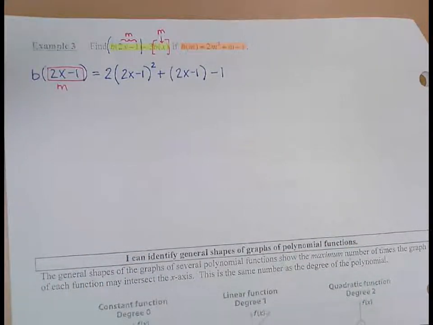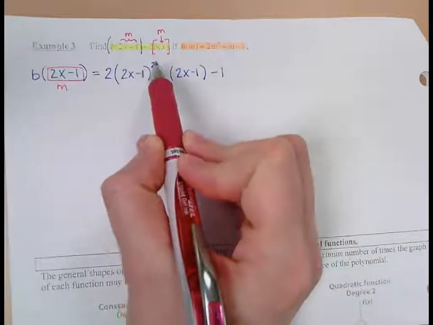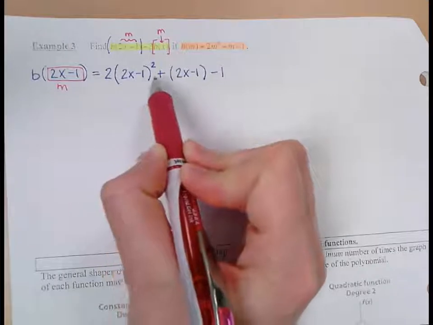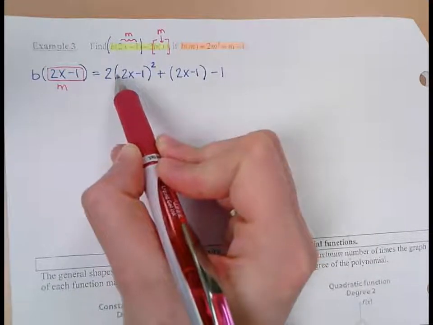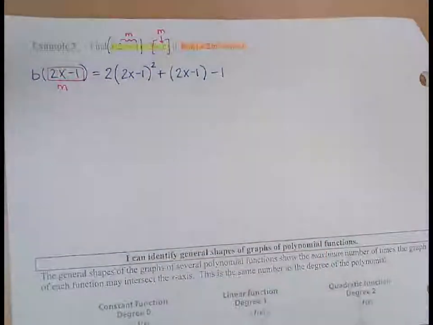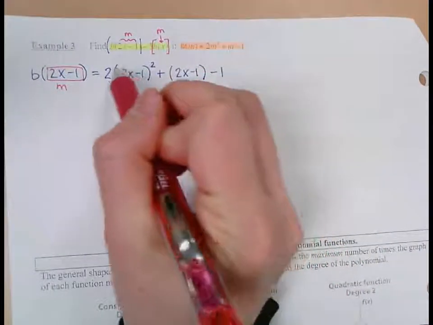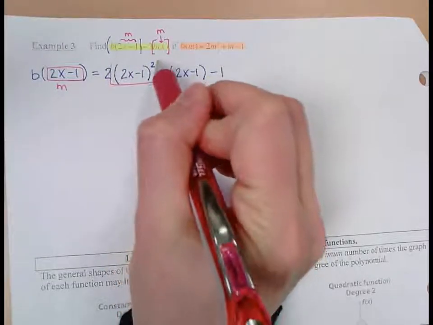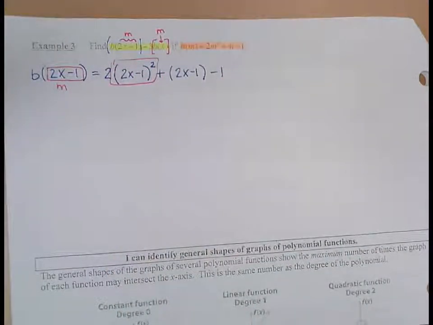My question first, because we should start with exponents: how do we simplify 2x minus 1 quantity squared? Because I will say this, you cannot distribute the exponent of 2. That would be incorrect. So what does 2x minus 1 quantity squared really mean?